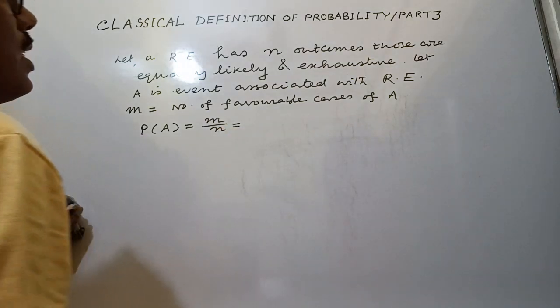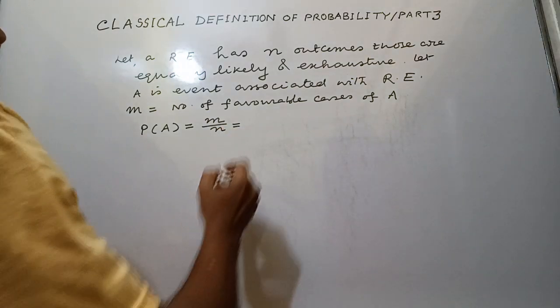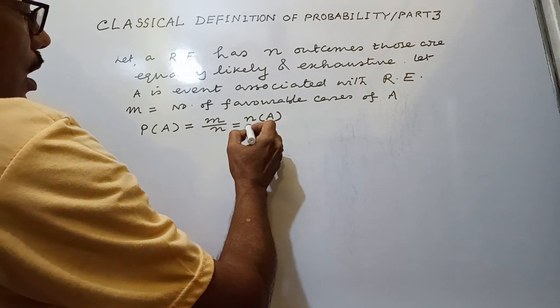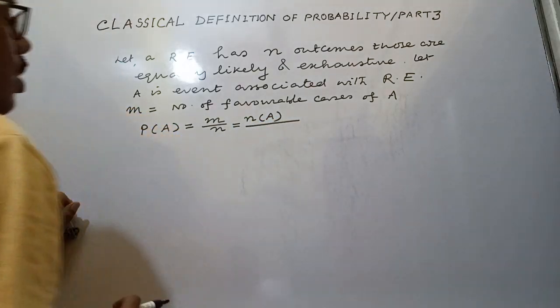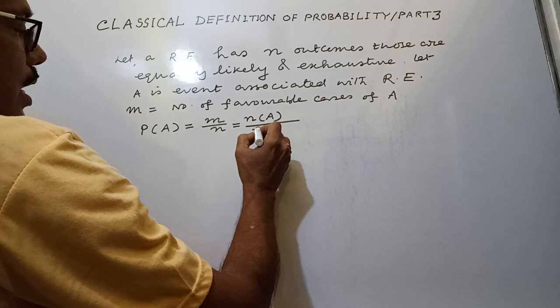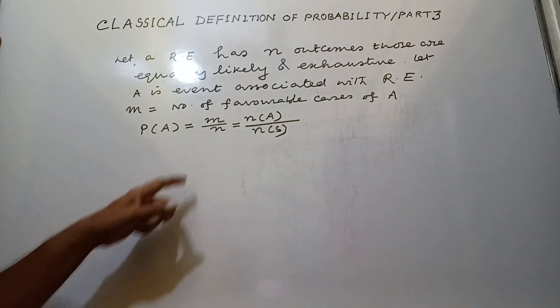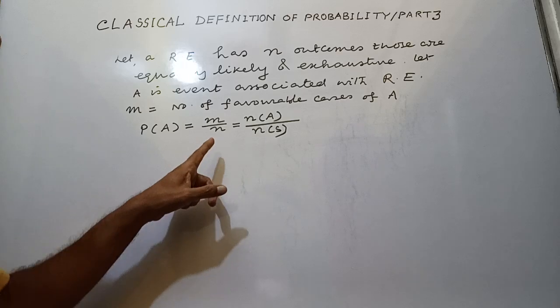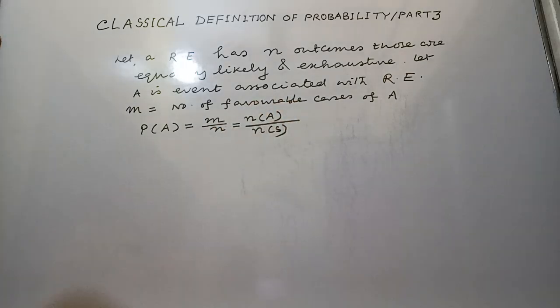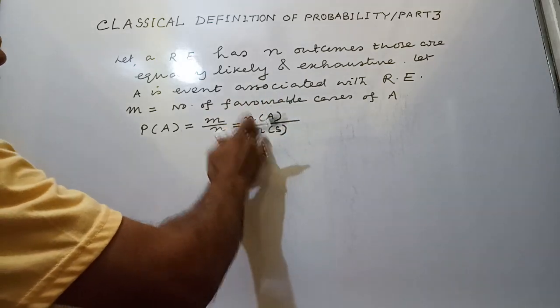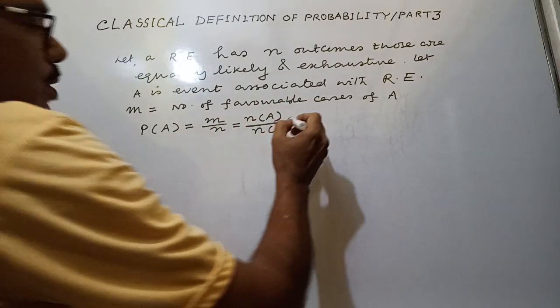So what is m? Total number of outcomes of A, n(A) by n(S). We can also write it in this form: n(A), the cardinal number of elements of A, by the number of elements of the sample space.